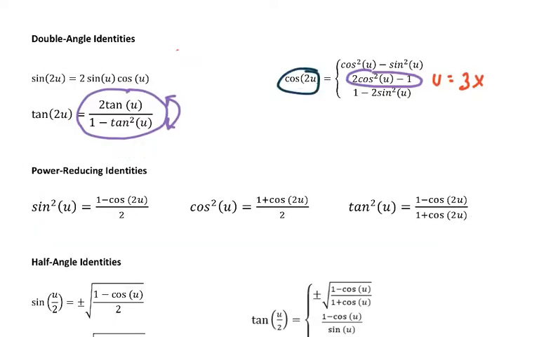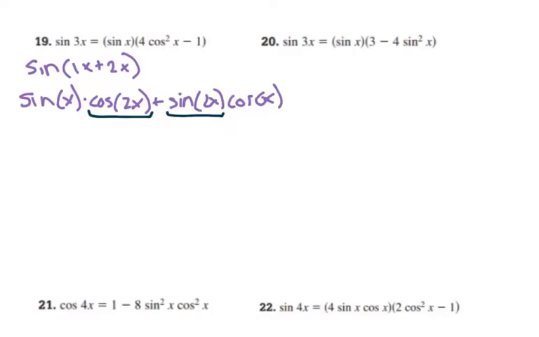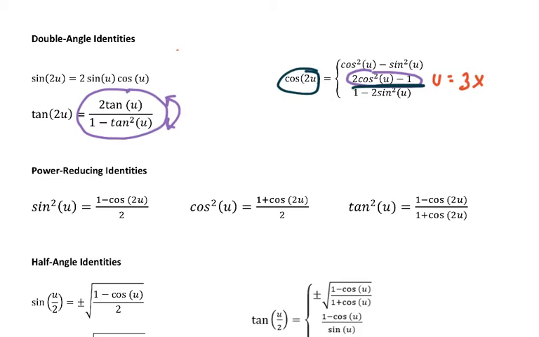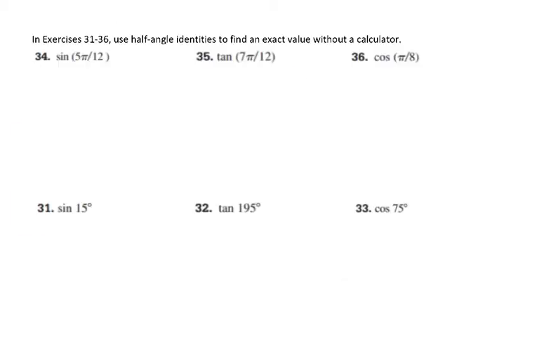taking a look at what we want it to be, there is a cosine squared in it, so I'm probably going to end up using this one here, so 2 cosine squared of our variable minus 1. And then for sine, of course, there's only one option, so 2 sine of the variable, cosine of the variable.